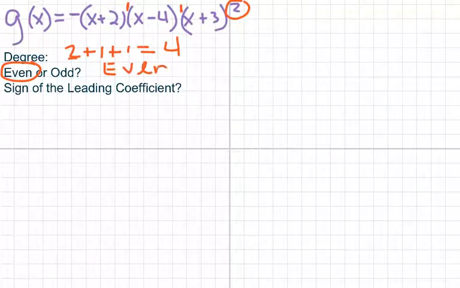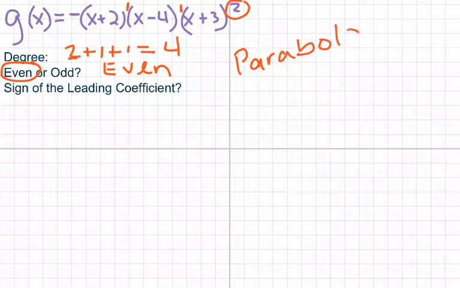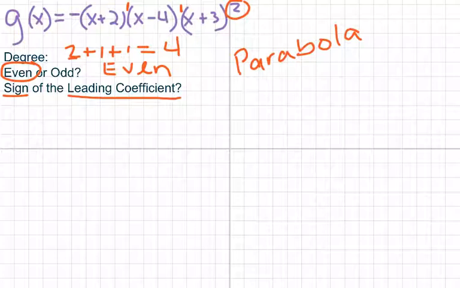Now, let's think about looking at your notes. An even degree function has a parabola shape, as opposed to a cubic curve shape. So what is the sign of the leading coefficient?